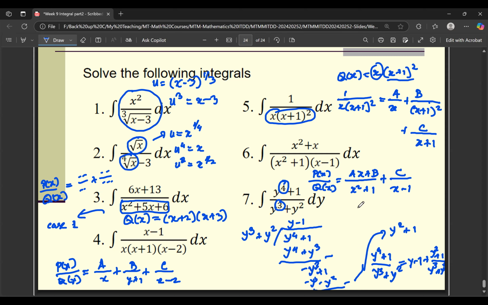You can continue the rest of the solution of number seven. Please do it by yourself.